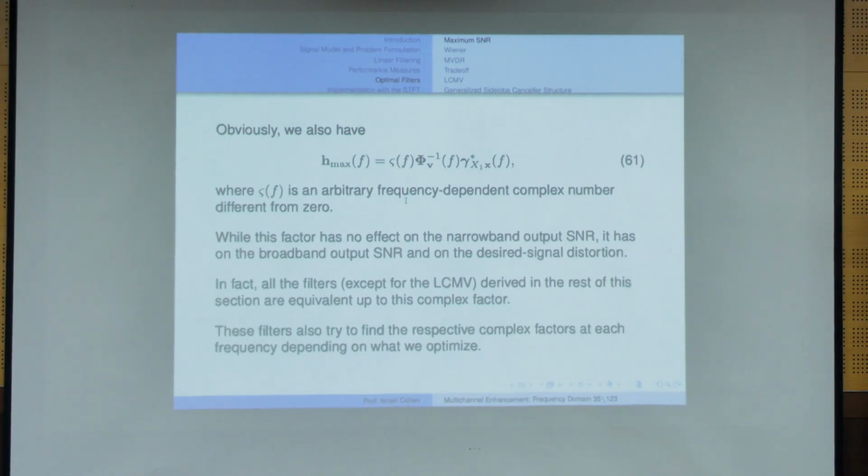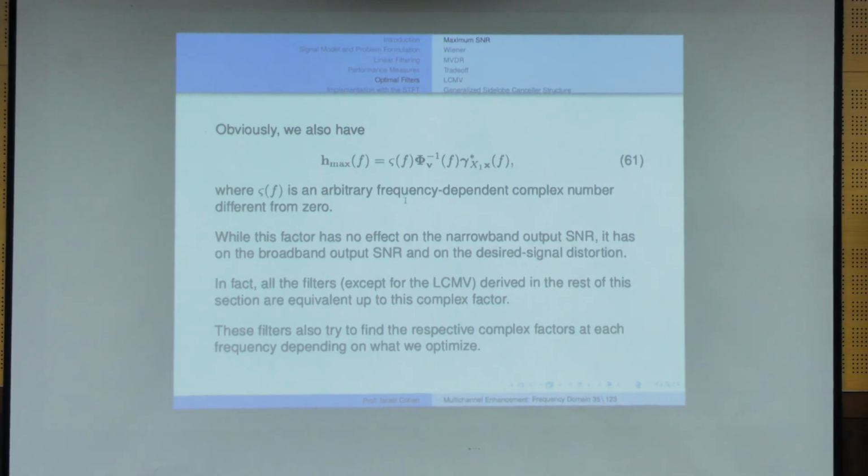So all of them, what does it mean? It means that if the other filters like Wiener, MVDR, and trade-off differ only by this value, then all of them maximize the narrowband output signal to noise ratio, as we will see. But they don't maximize the broadband output SNR, which is important.